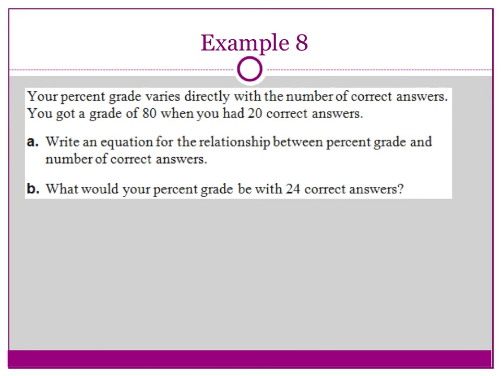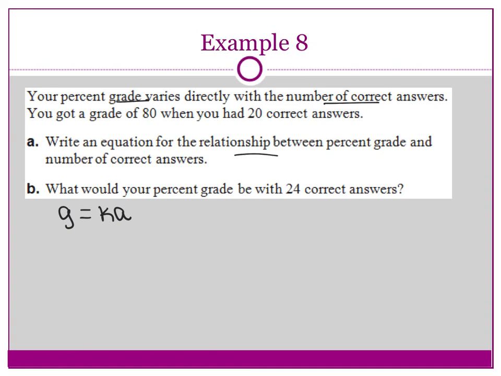And our final example for today says your percent grade varies directly with the number of correct answers. So grade varies directly with correct answers, and I'm going to write grade equals k times the number of correct answers. It says you got a grade of 80 when you had 20 correct answers. Write an equation for the relationship.